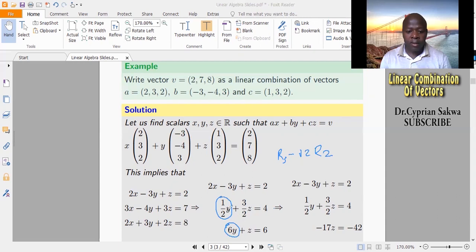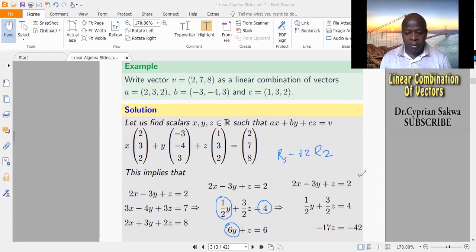What do I get? This one times 12 would be 6y. From this I have 0. This one times 12, I would have 18z. From this I get negative 17z. And this one times 12, I would have 48. From this I have negative 42.